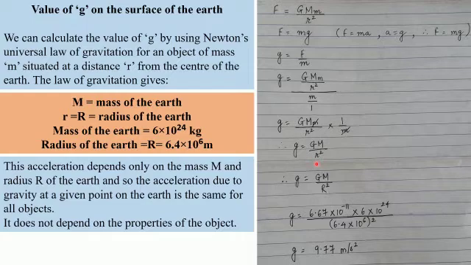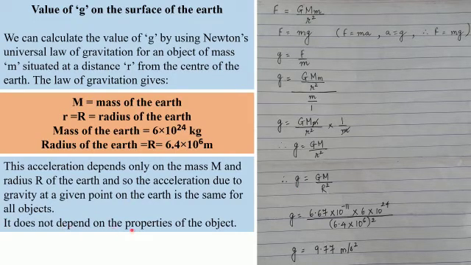So we need to create a vacuum, and if we carry out the same experiment, we will find that the two objects will reach the ground at the same time because the acceleration due to gravity acting on both the objects is the same, and it is independent of the mass of the object and the distance at which the object is present from the center of the Earth.